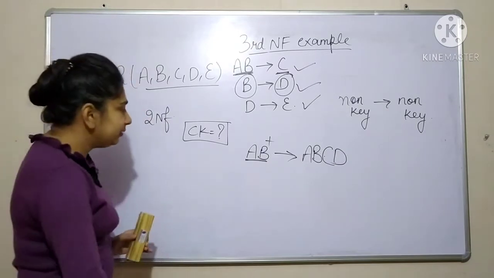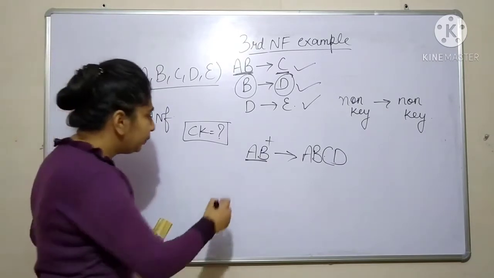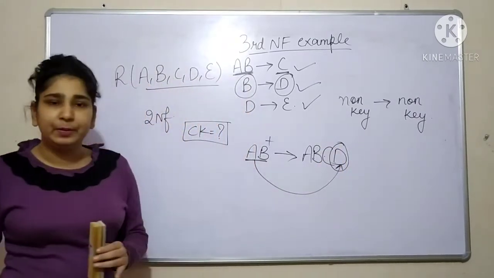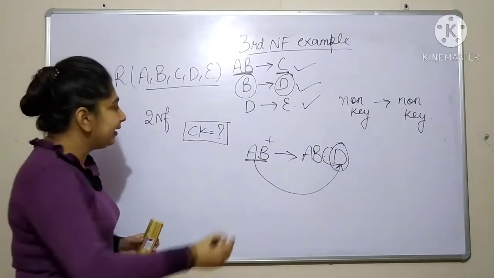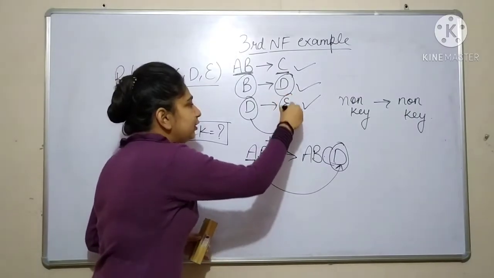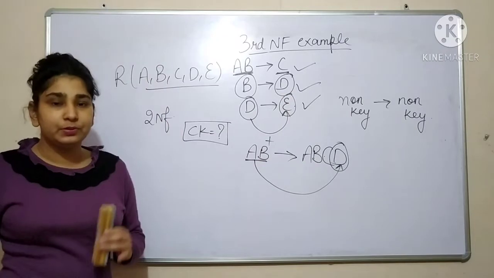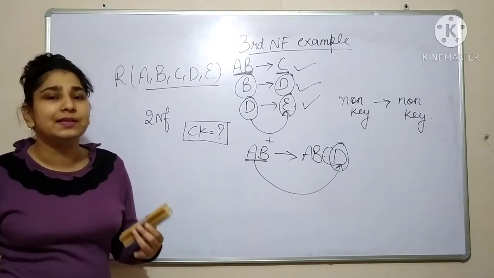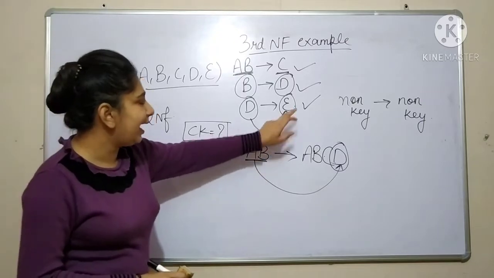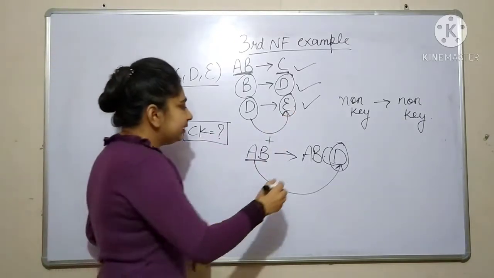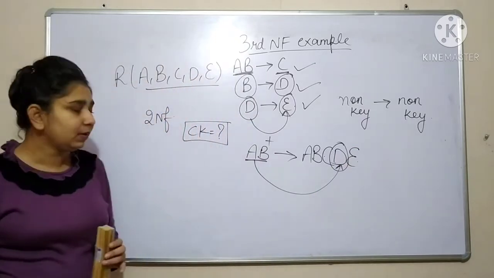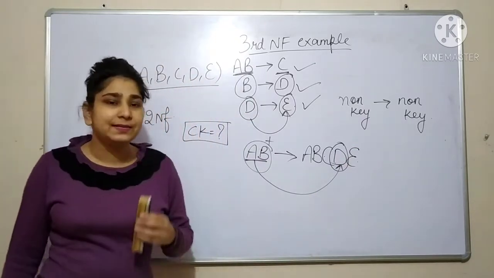Now with the help of AB, I am determining attribute D. If I give you the value of D, you can determine the value of attribute E. So there is a kind of transitivity, and with AB I am also able to determine the value of attribute E. What does it mean?